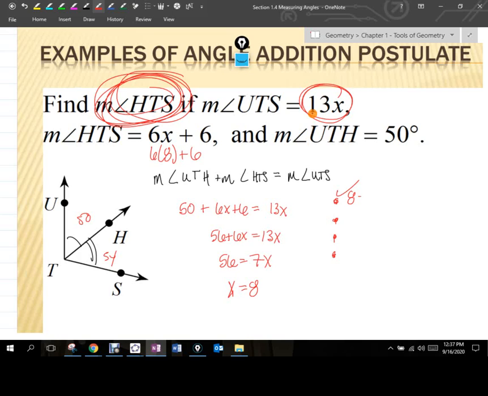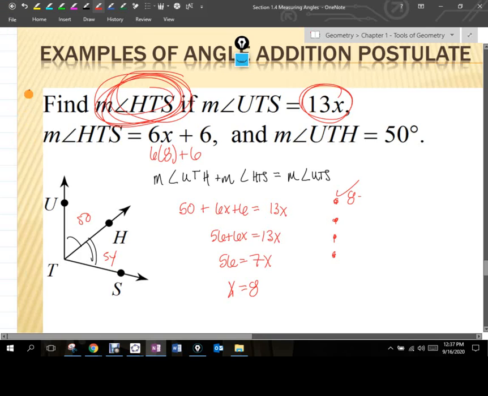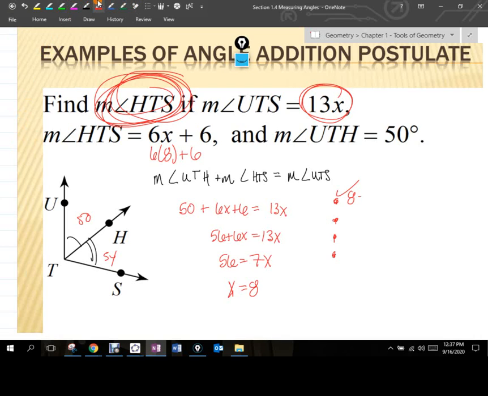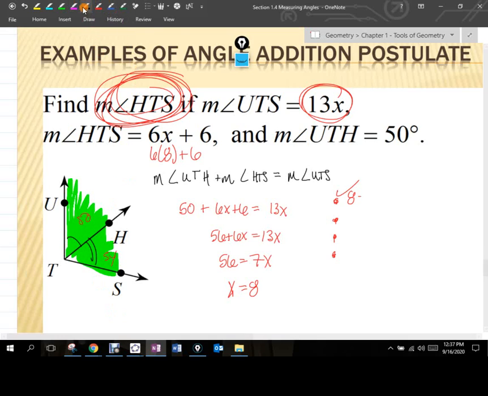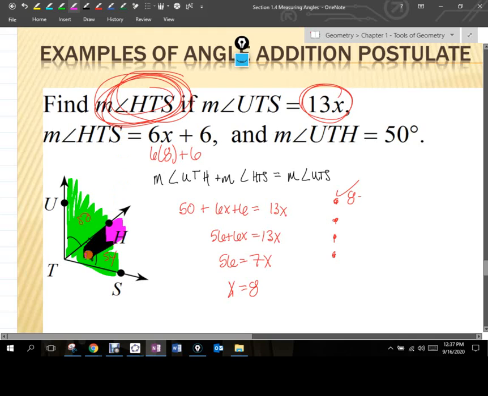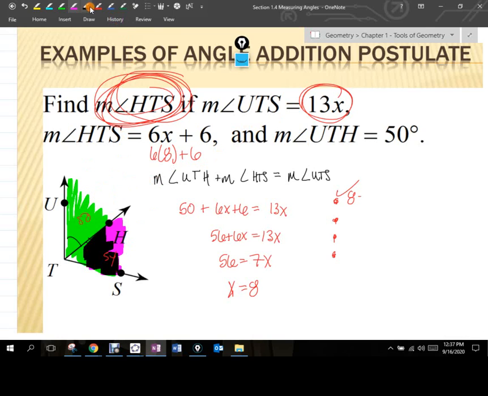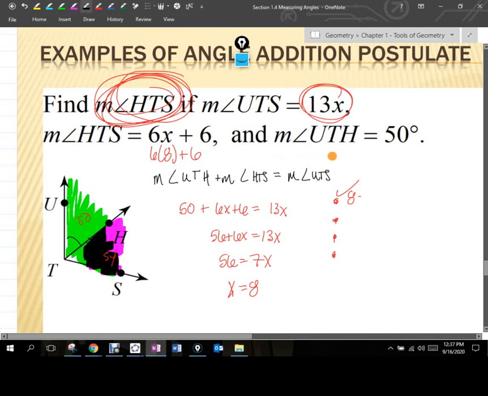Right. So you're starting off. You saw that the total was 13x, right? And you're going to remove then the 6x plus 6, so the HTS. So you're going to remove that from this, and that should leave you with what is just left as green right here, right? Okay, so think about this.